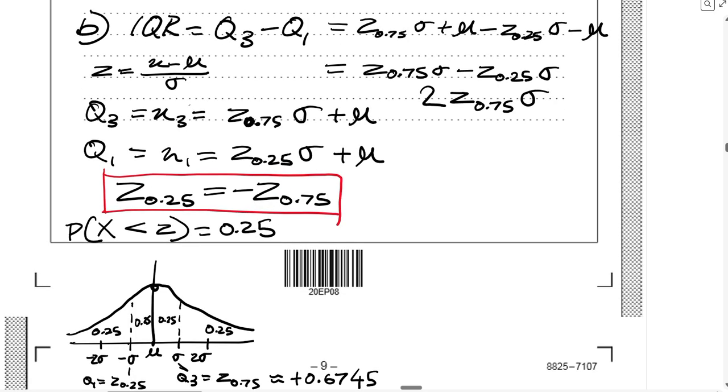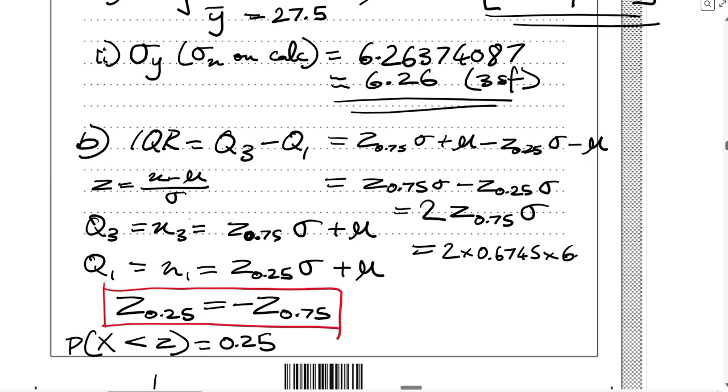So we just use everything we know to find that out. That is equal to 2 times 0.6745 times our standard deviation, which was 6.26. Use the stored value, right? And so now I'm going to calculate that. 6374087, right?